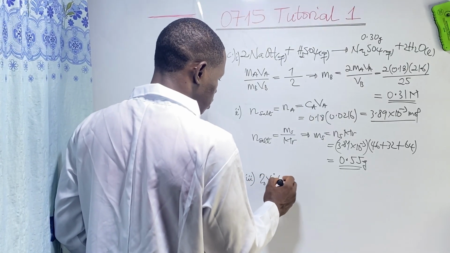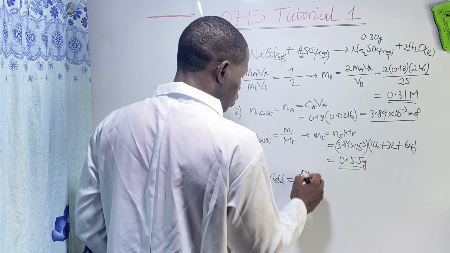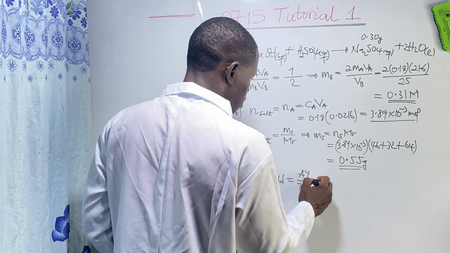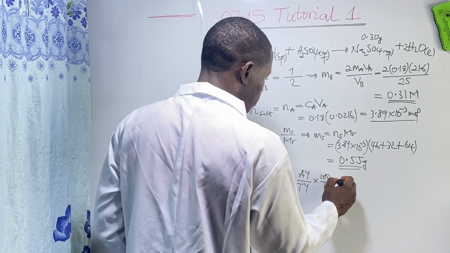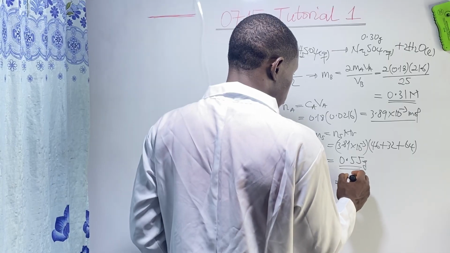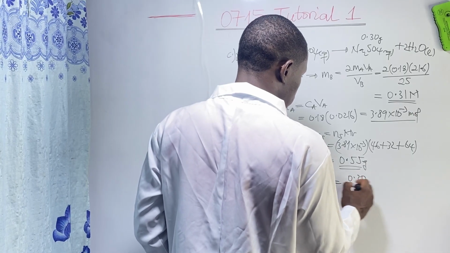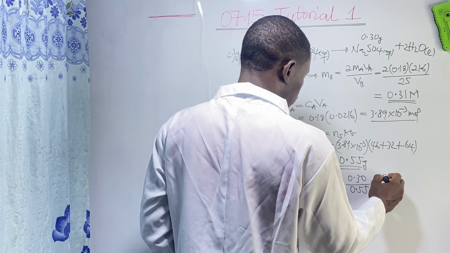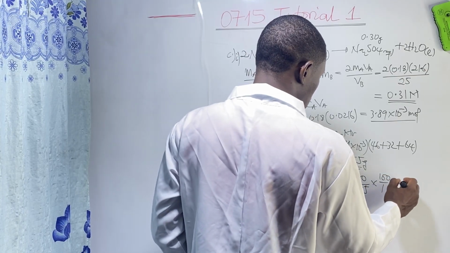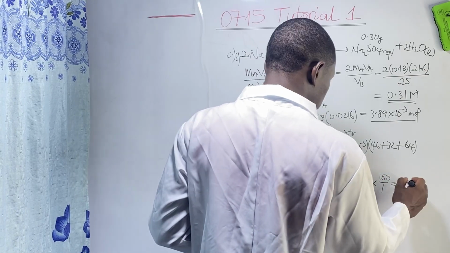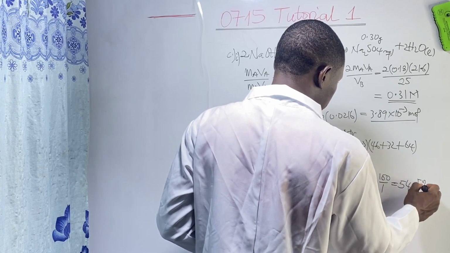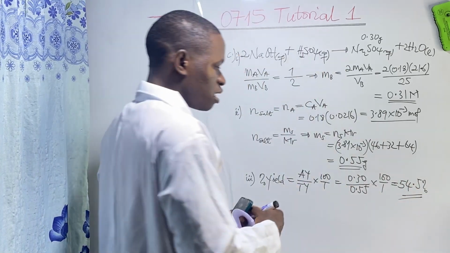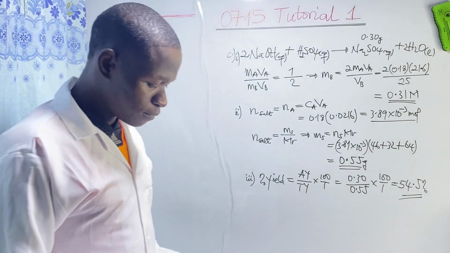Percentage yield is equal to actual yield all over theoretical yield times 100 on 1. Actual yield 0.30, theoretical yield 0.55, times 100 on 1. When you punch that, you are going to have 54.5%. That is the percentage yield.